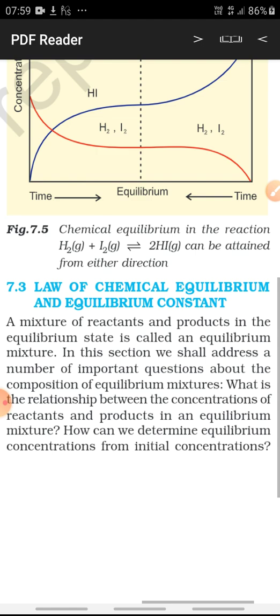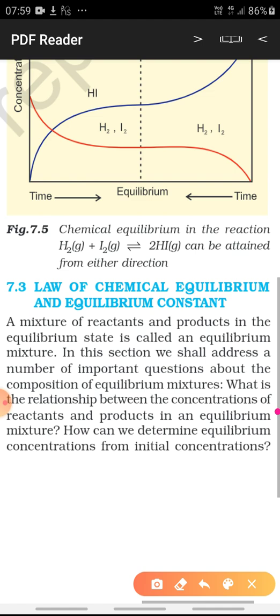equilibrium constant. Now children, when a reaction takes place, the equilibrium is established after a few minutes, or you can say after an appreciable amount of time. For some reactions, the equilibrium is established quickly, but for slow reactions, it takes time.